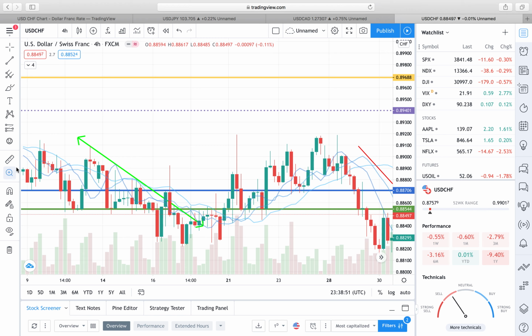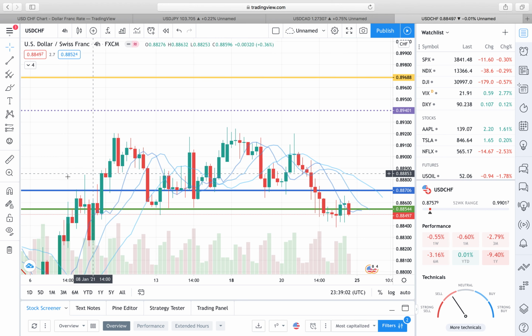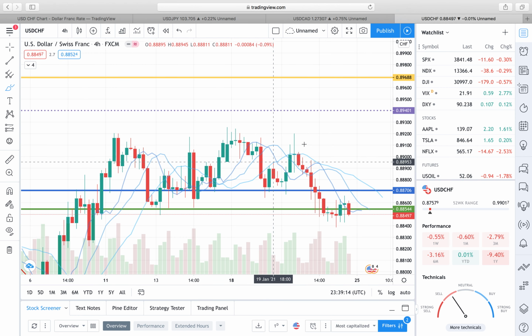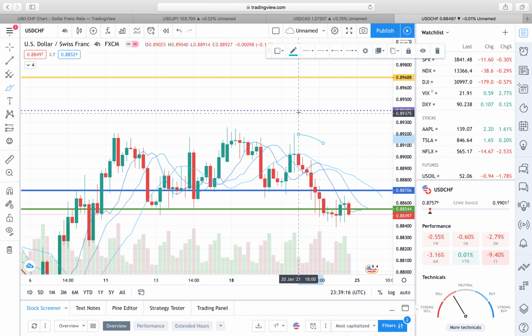And then remember, get to the ruler from right here. And then if you want to just zoom in, I don't know if you might have bad eyes, you might have horrible eyesight. But that is just how you zoom in, and then you slide click the little button to zoom back out. And if you want to draw a circle, then you can.